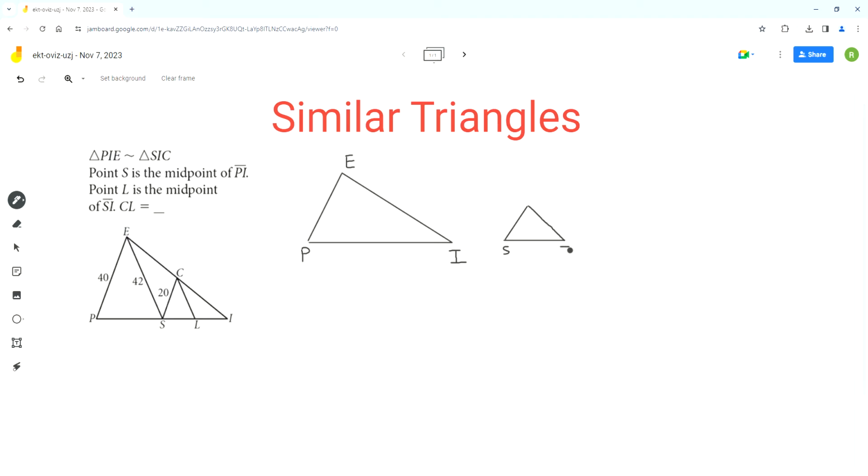These two triangles are similar, and we are given that PE is 40, SC is 20.